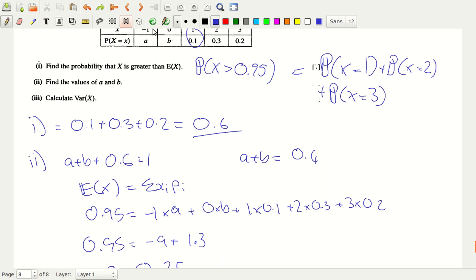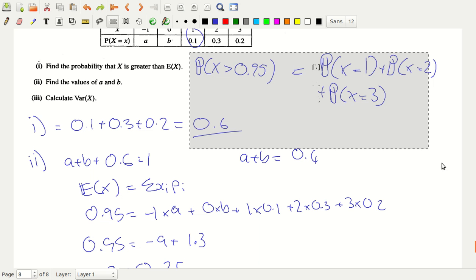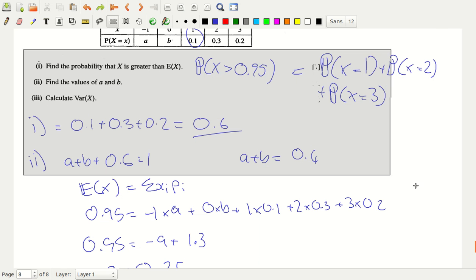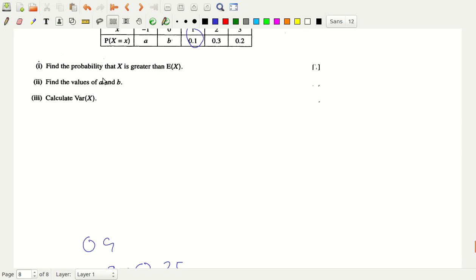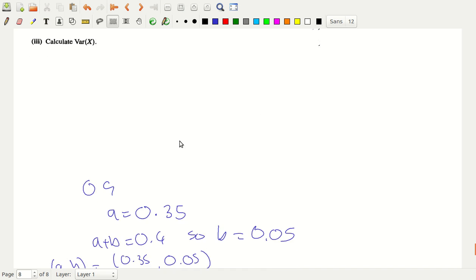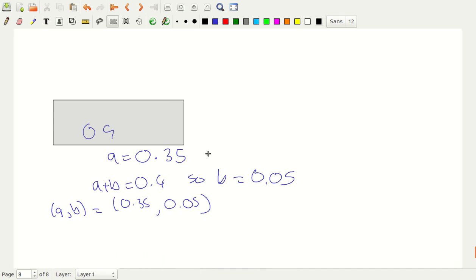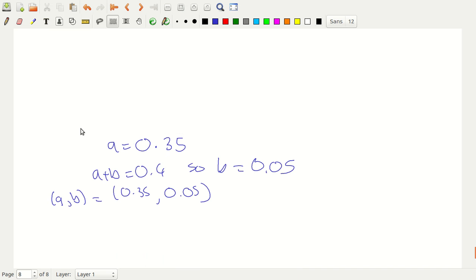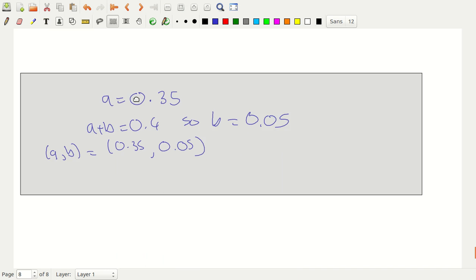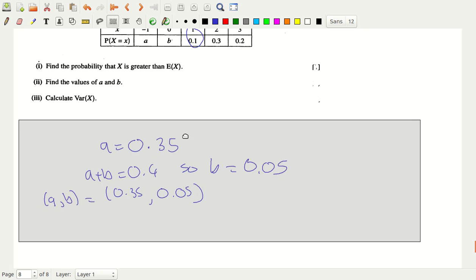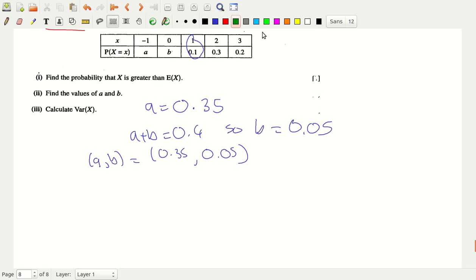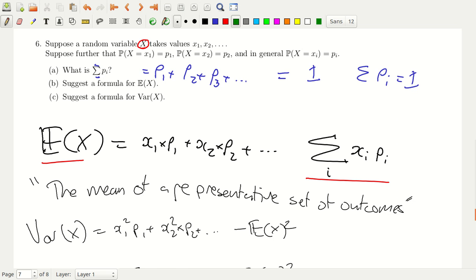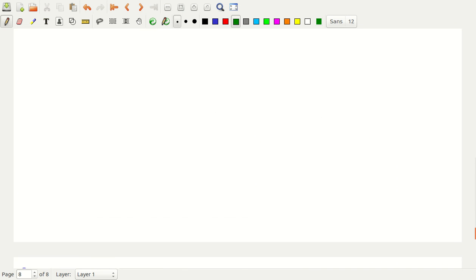I'm going to delete some of the stuff we've done earlier, to give us a chance to see everything at once. Okay, so let's have a go at finding the variance. We're going to use the formula which was on the previous page, the last one.